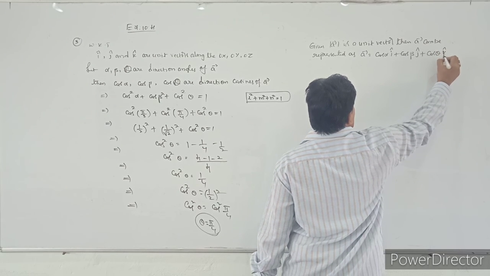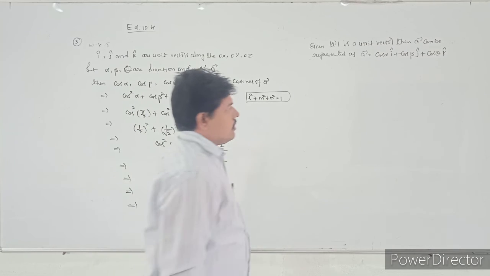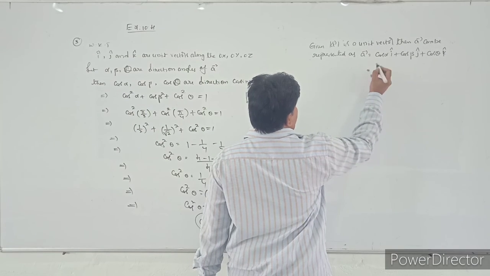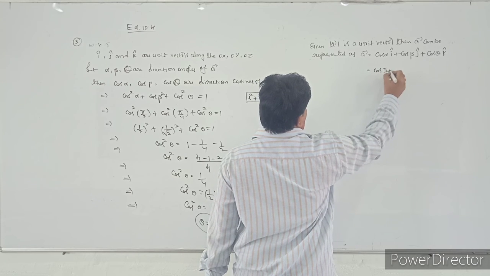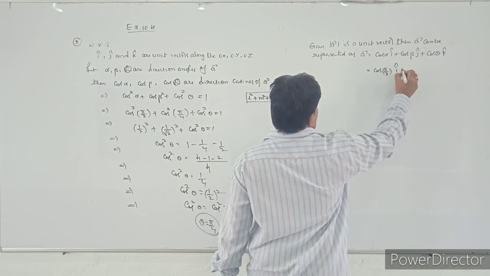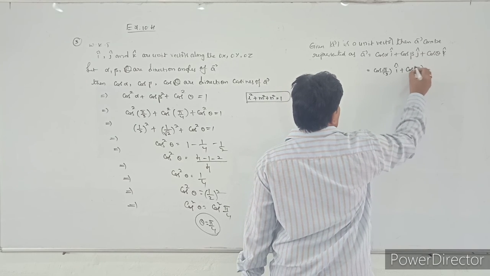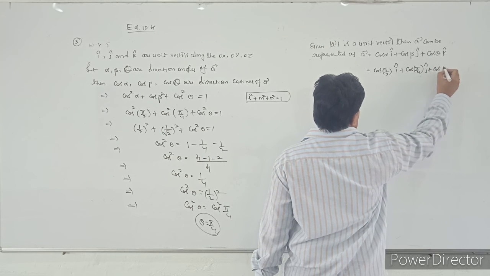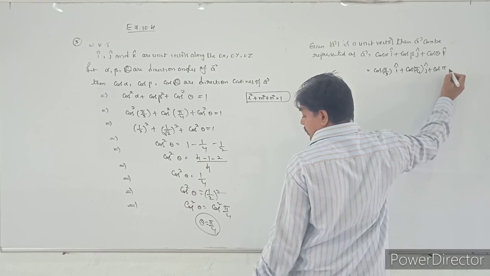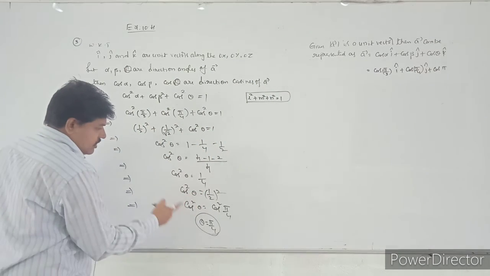Actually we will take cos gamma, but in the question they have given theta in the place of gamma. So what is cos alpha? Cos alpha is cos pi by 3 into i plus cos beta, beta is pi by 4, into j plus cos theta, theta is pi by 3.